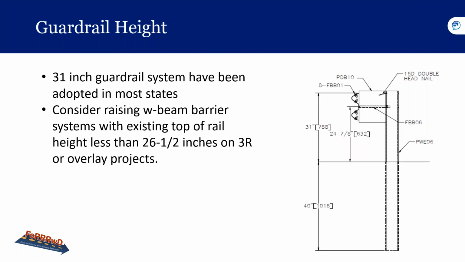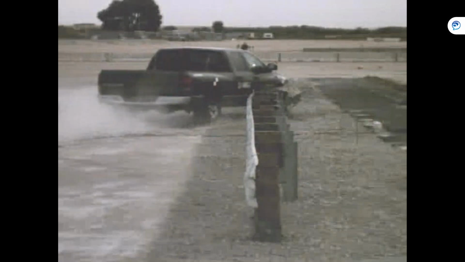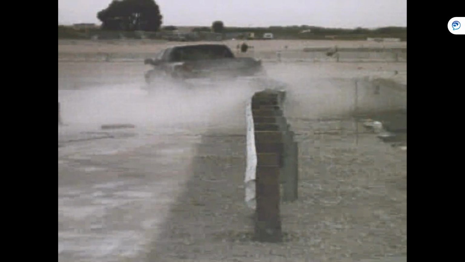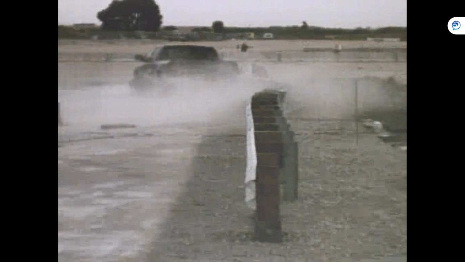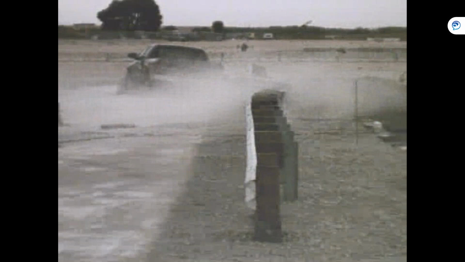I like that. Let's see it again. For those who've never seen a crash into a guardrail before, we're not talking about a simple side swipe that you might have in your head. We're talking about a situation where you're coming in at high speed at a 25-degree angle.